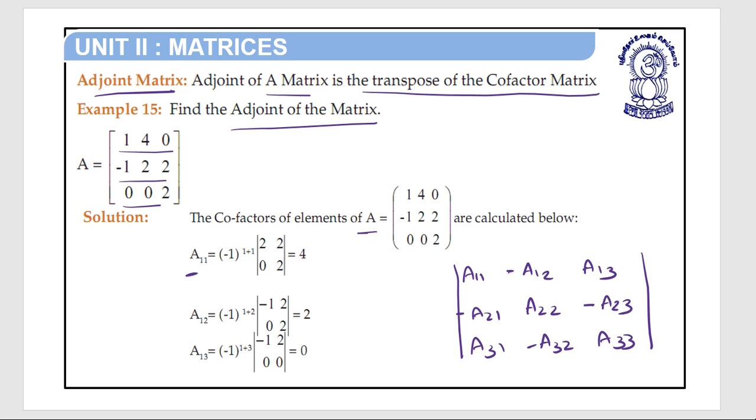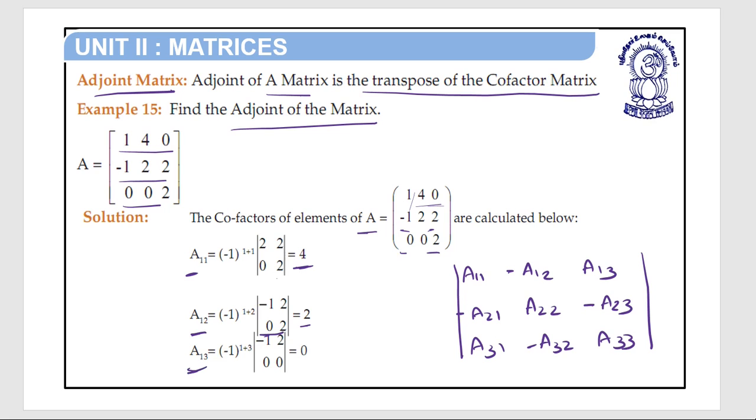So A11: 2 2 0 2, first row first column neglected, so 2 2 0 2 is equal to 4. Same way for A12, first row, second column, so minus 1, 2, 0, 2.